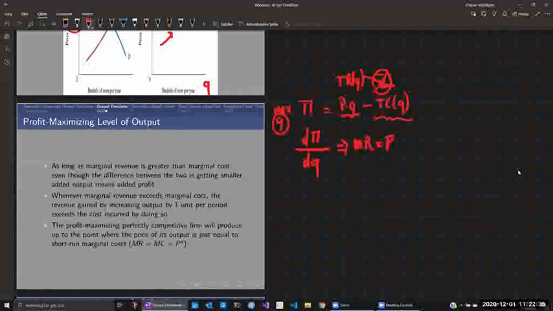And it should be equal to, and there is also a derivative here. And what is the derivative of total cost with respect to quantity? So what is this?